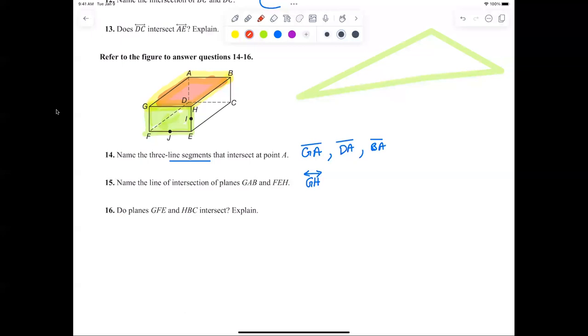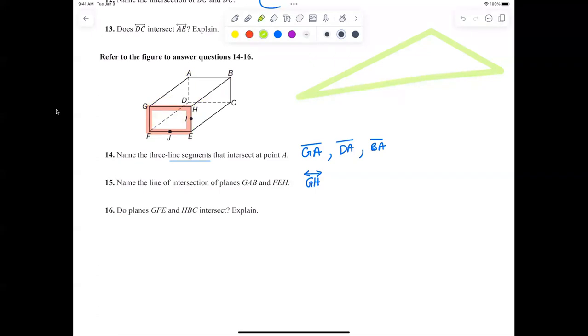Where were we at? 16 now? Yeah. All right. Do planes GFE. So to me, all right, I would highlight GFE. So GFE is this plane right here, right? Yeah. And then HBC.